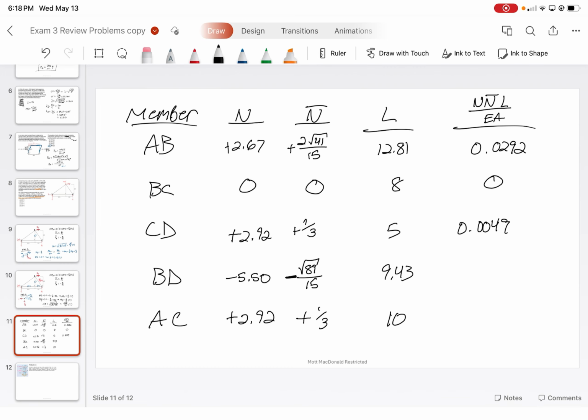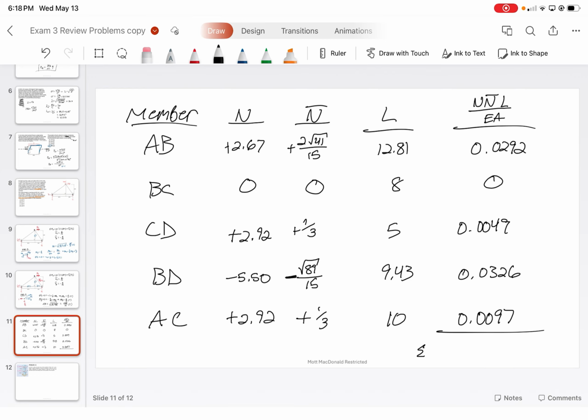Negative 5.50 times negative square root 89 over 15 times 9.43 divided by 1,000 is 0.0326. And then 2.92 times 1 over 3 times 10 divided by 1,000 is equal to 0.0097.